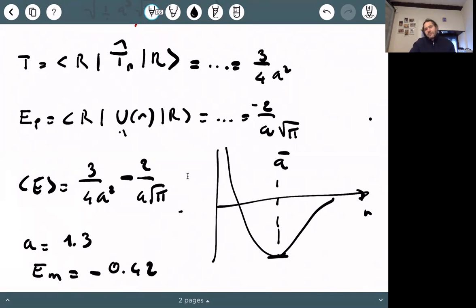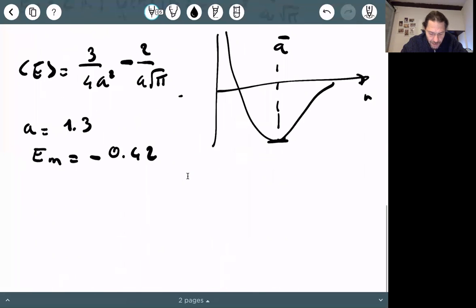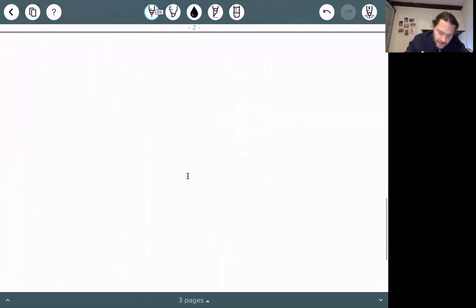Fine, that's a first variational estimate. Is it good or is it bad? Well, let's try another one and see if I can do better or worse. Now remember, here I used the Gaussian ansatz. Let's now try another ansatz.